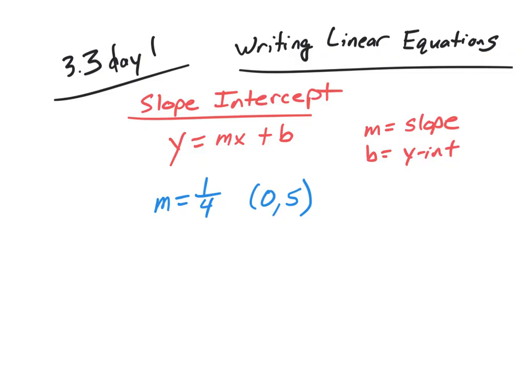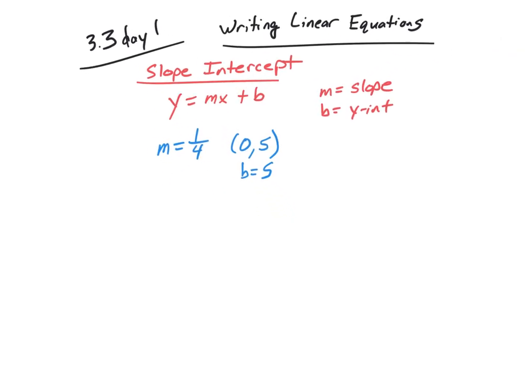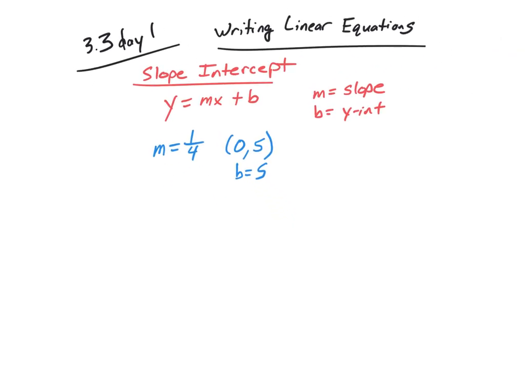So even though they don't say it, 5 is the b value. And we know that because x is 0. If x is any other value other than 0, then that won't work. But here we know that x is 0, so b is 5. So my equation would simply be y equals 1/4 x plus 5.